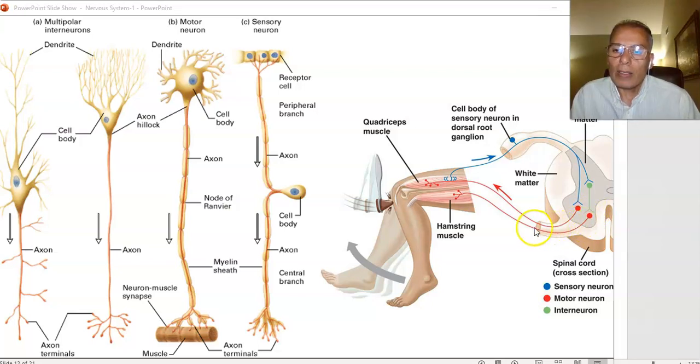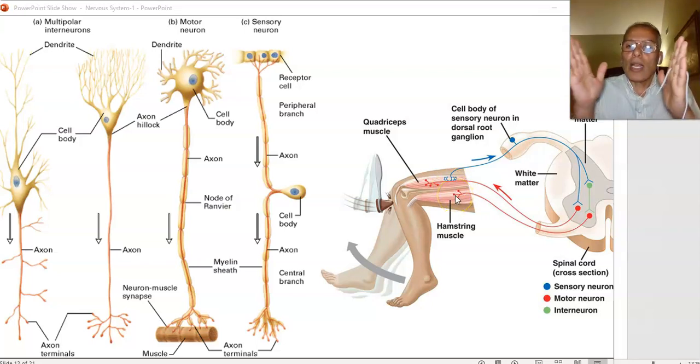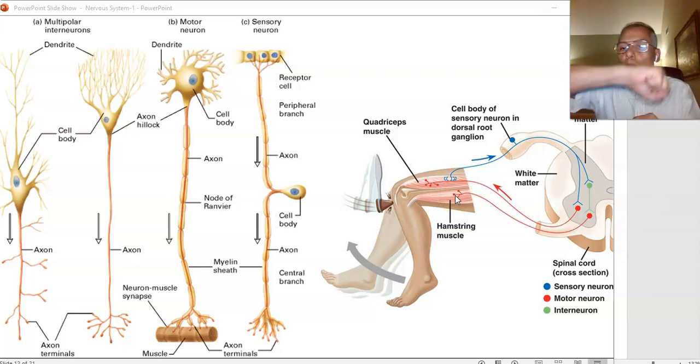And then the signal continues along the axon of the motor neuron to the muscle fibers, where at the neuromuscular junction between the motor neuron synaptic terminals and the muscle fiber, it will release neurotransmitters that are going to contract the muscle to make it shorter. When that muscle shortens, it will pull with it the whole leg. It will pull it forward.